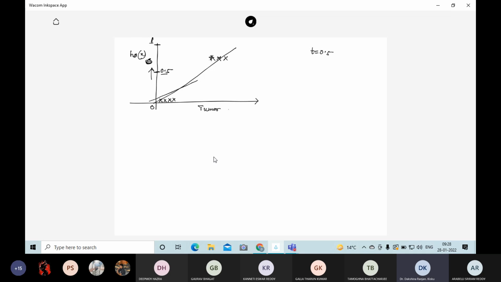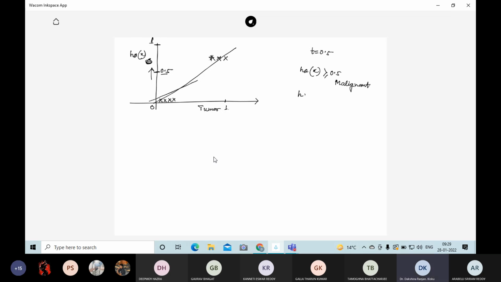Now, which training examples will be found to be malignant, and which will be found to be benign? To assign the label malignant to the predicted value, when h theta x is found to be greater than or equal to 0.5, then the training samples become malignant.